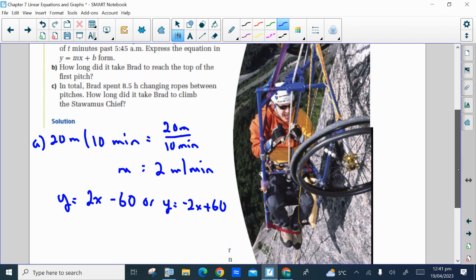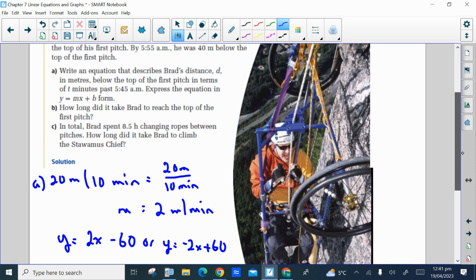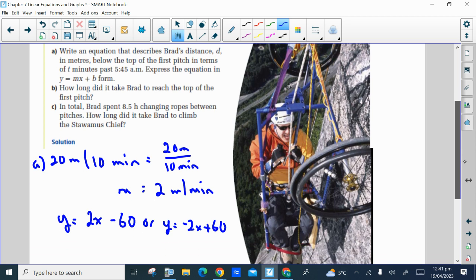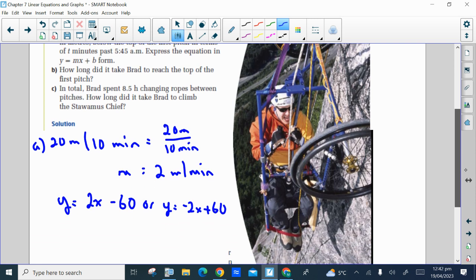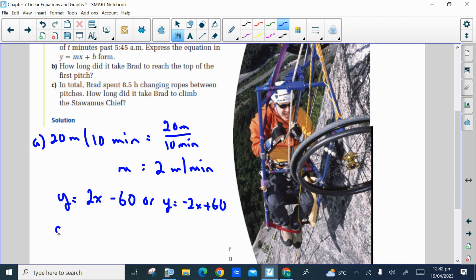Now, the only thing you might do differently, you're going to write it in slope-intercept form, but you might change the variables. Instead of y equals, you might say d equals, the distance from the top of the first pitch. And I'm going to use the second equation, negative 2x plus 60, but I might change x to t, where t would be the number of minutes.